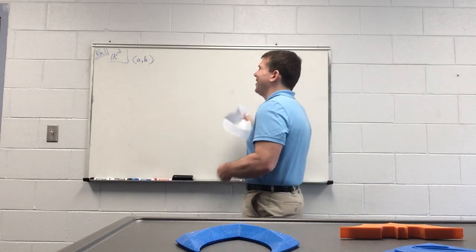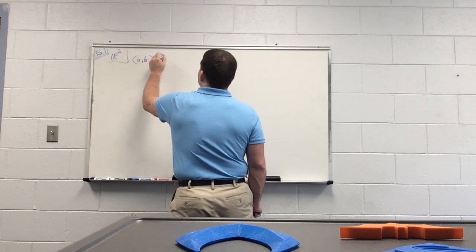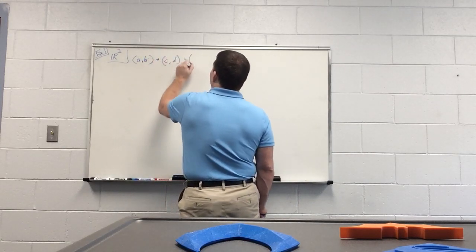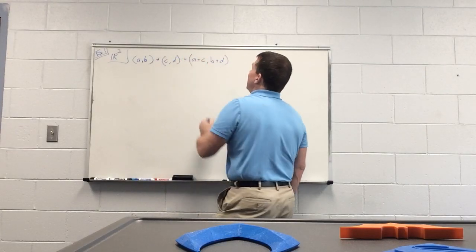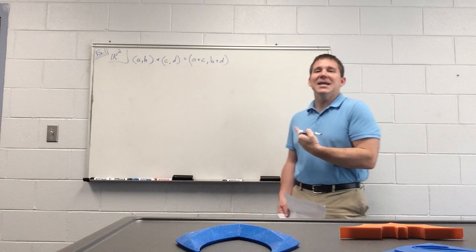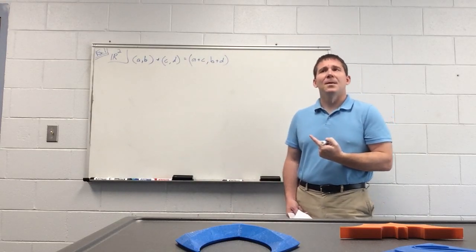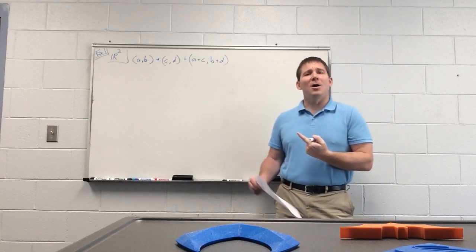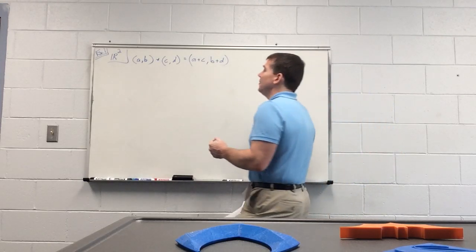And so right through here, is it closed? Well, yeah, if I pick some other vector, (c, d), I know how I add them component-wise. I get (a plus c, b plus d). Clearly, that's in R2, so I'm good there. And I'm not going to run through all of the properties. But again, is it commutative?